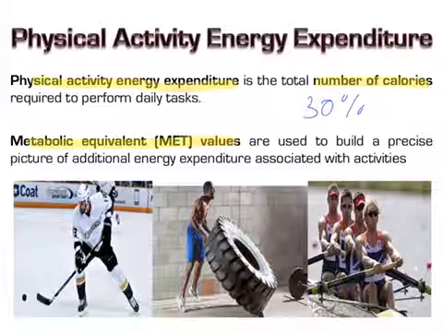So if we sat quietly, you would use 1 kilocalorie per hour, and this is what's used to build a precise picture of energy expenditure associated with different activities. So if we sat quietly, completely relaxed for an hour, that activity would have a MET value of 1.